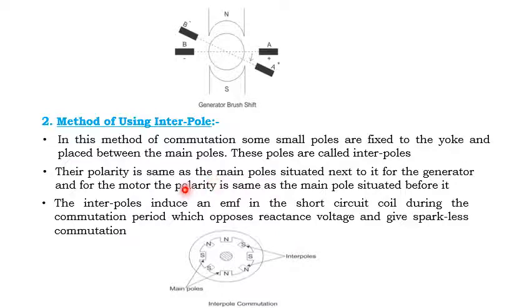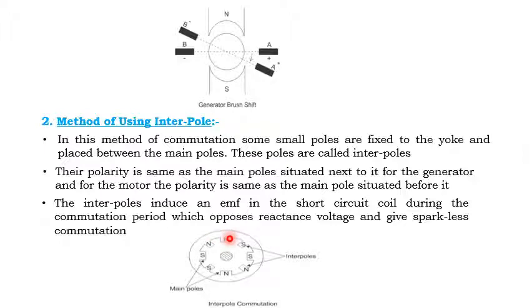Now, the polarity is the same as the main pole situated next to it for the generator, and for the motor the polarity is the same as the main pole situated before it. In the case of a generator, the interpole is fixed one after the main pole.